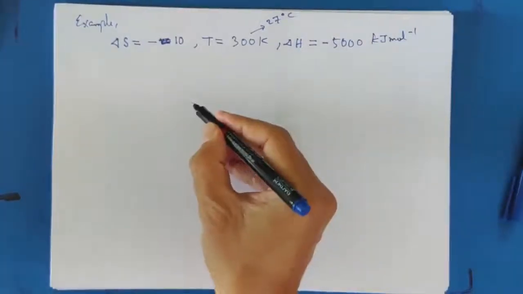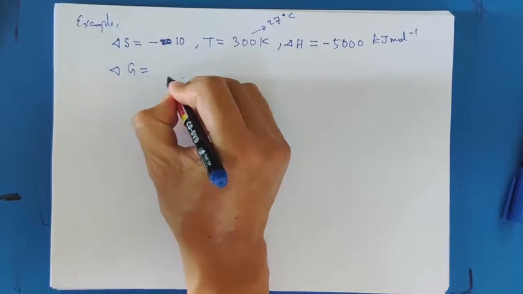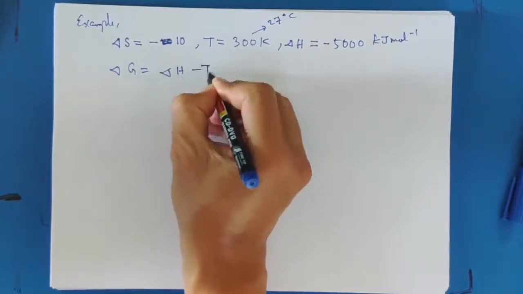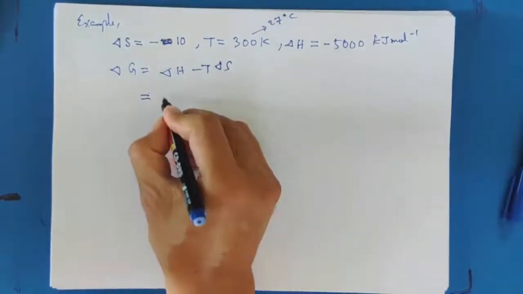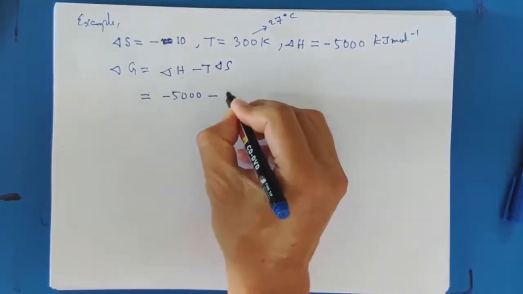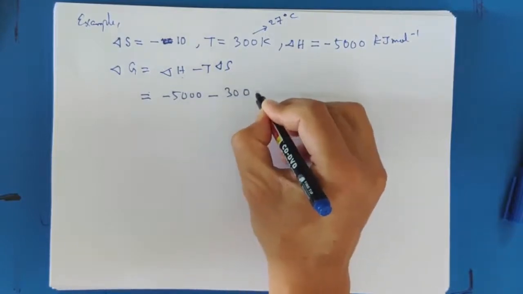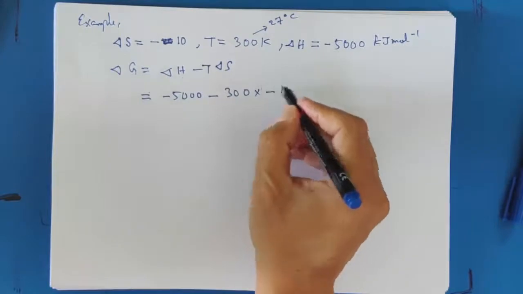Okay, good. Del G calculate. Formula: del G equals del H minus T del S. Del H is this much. Minus T is how much? This much. Minus 10. Okay, keep inside the bracket.